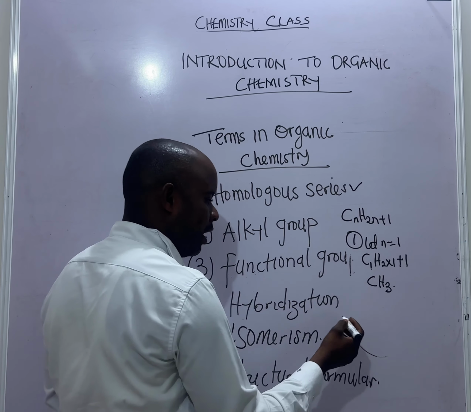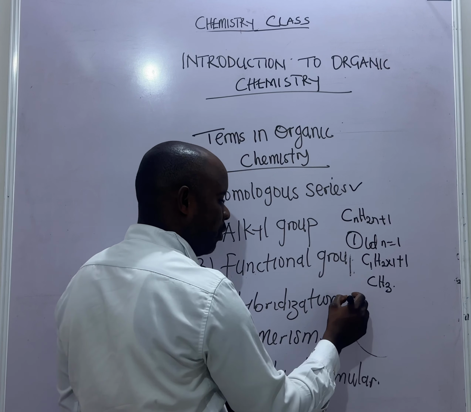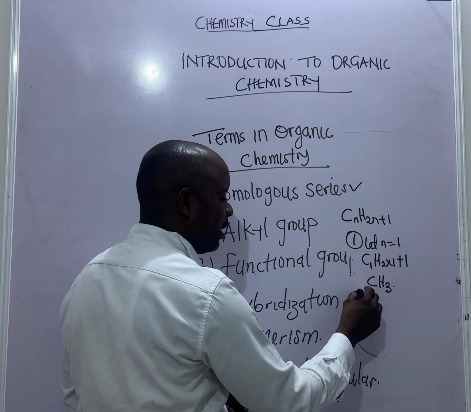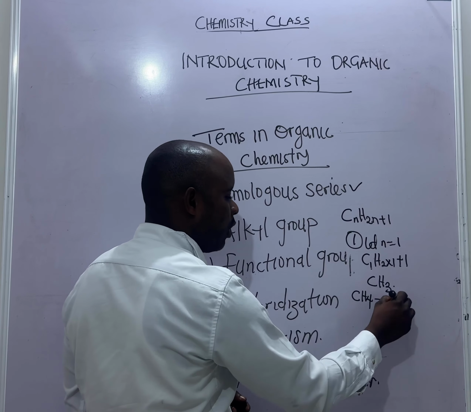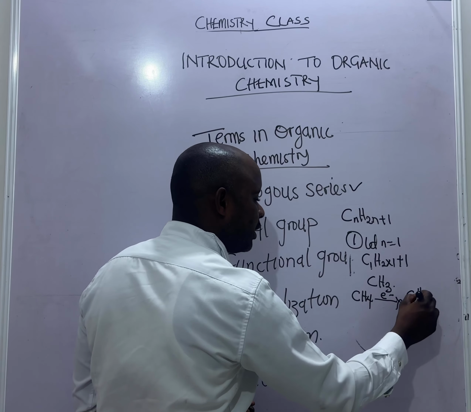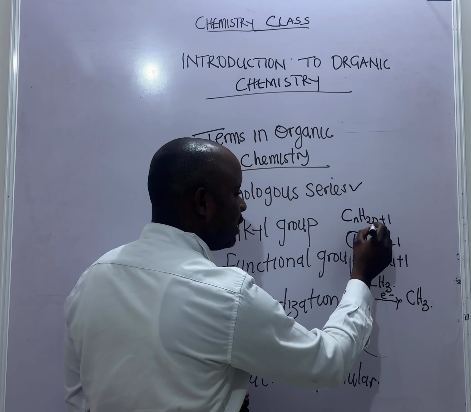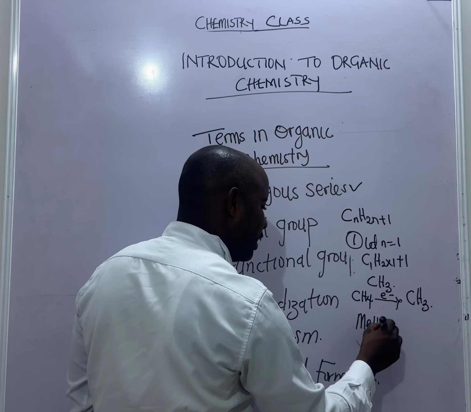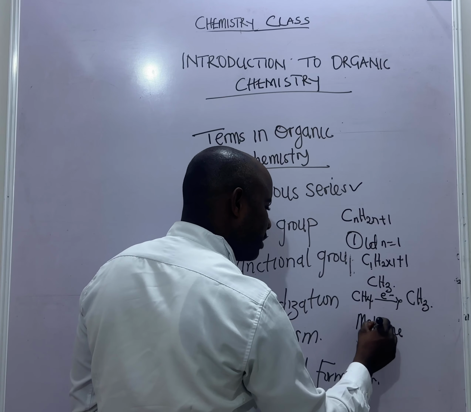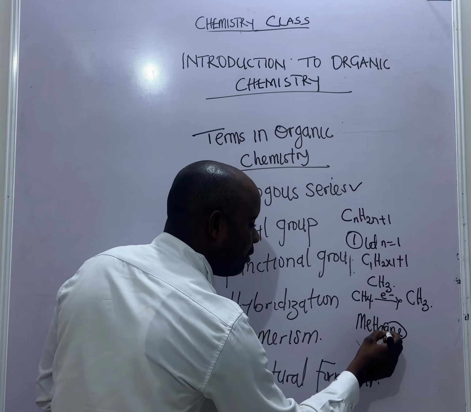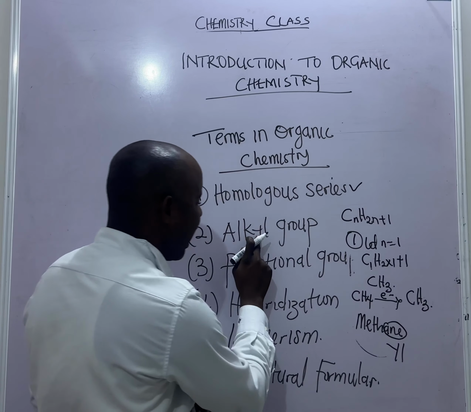In another way, we can say when an alkane family loses an electron, let's use methane. When methane loses an electron, it's going to give us CH3. Since this is known as methane, we can replace the ANE with YL from alkyl.